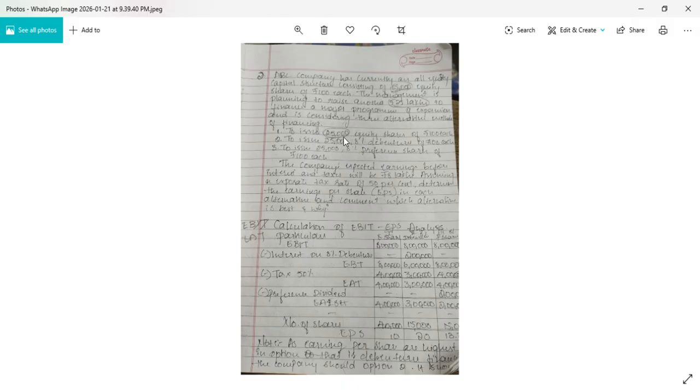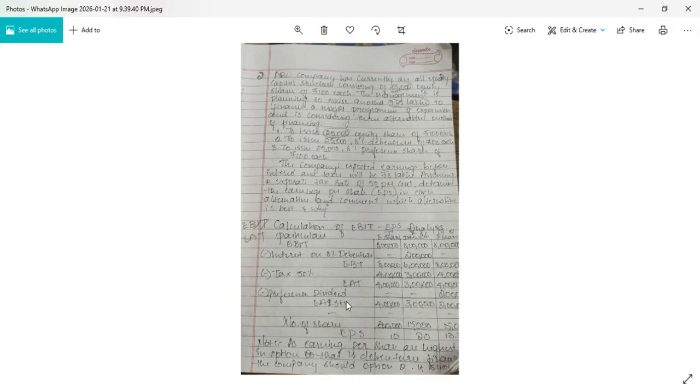So if we calculate 8% on 25 lakhs, preference share dividend comes to 2 lakh. If you want, you can calculate on 25 lakhs, you have to calculate 8% as a preference dividend. You will get 2 lakh.